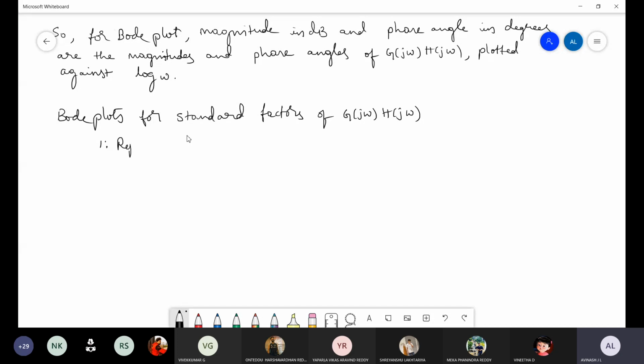First step, replace s by j omega to convert it into the frequency domain.